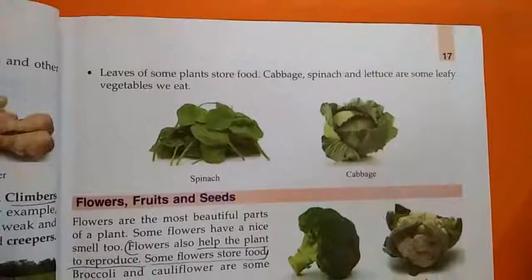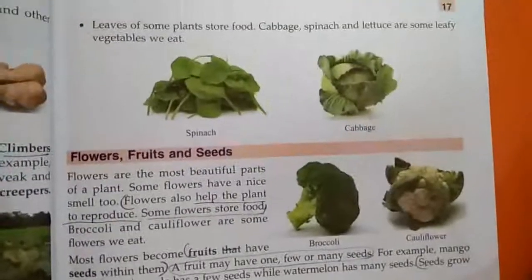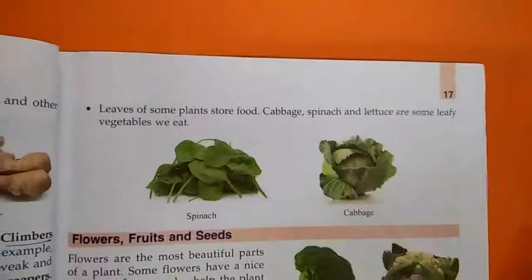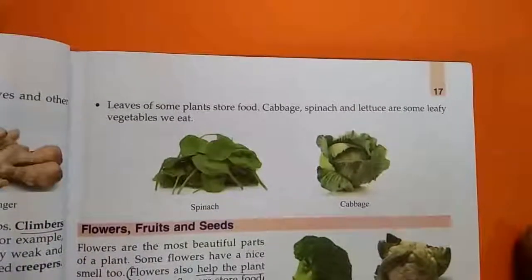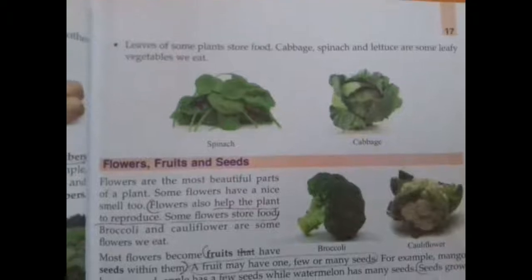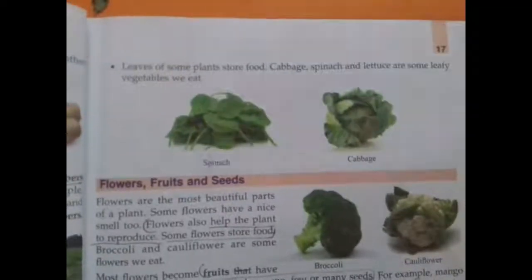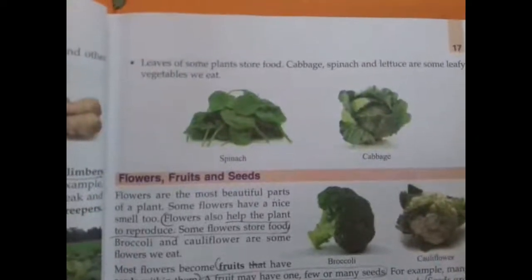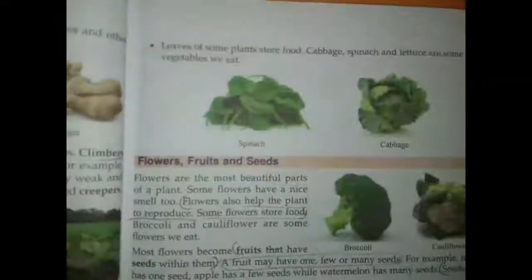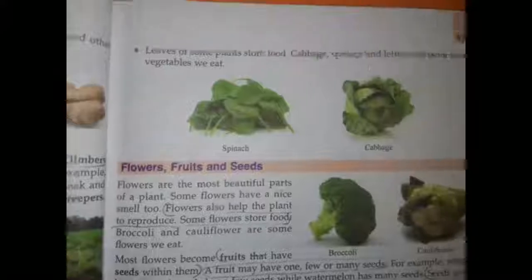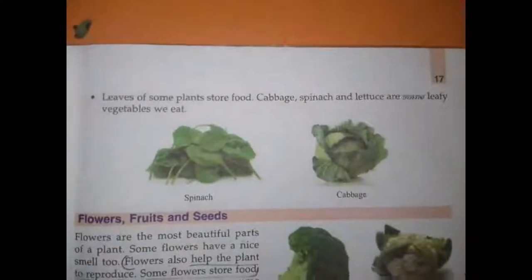The next part of the plant above the ground is leaves. Children, the next part of the plant which we will study now is leaves. Leaves are the kitchen of a plant.